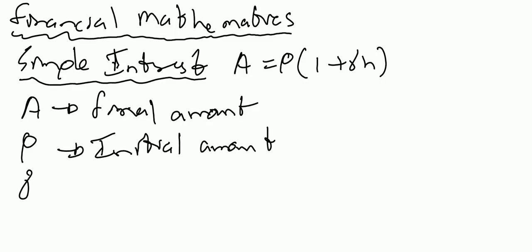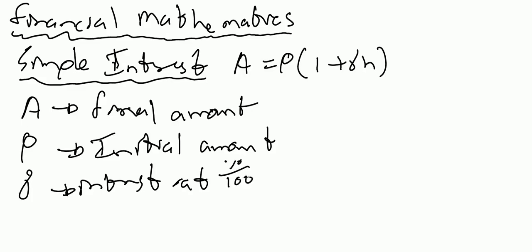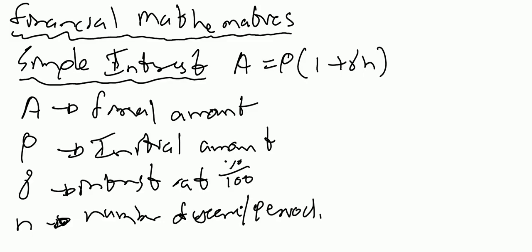Your i is your interest rate, meaning you just take the percentage and divide it by 100. Then your n is the number of years, which is the period. It is in years, okay? Period.